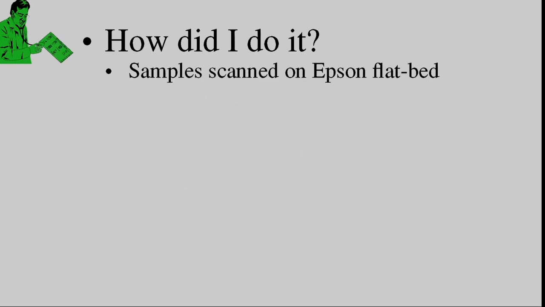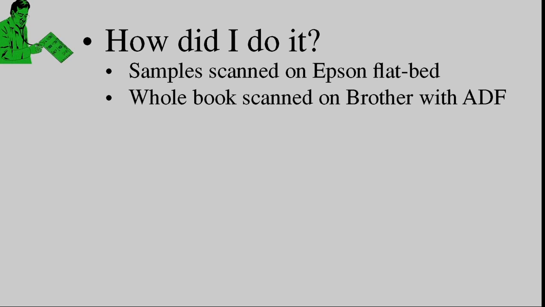So how did I do it? Well, when I did the samples, because I'd already got the book, which fortunately was in spiral bound form, I was able to open it on my Epson flatbed scanner. It wasn't entirely easy to get things done that way, but for the chapter it was all right.